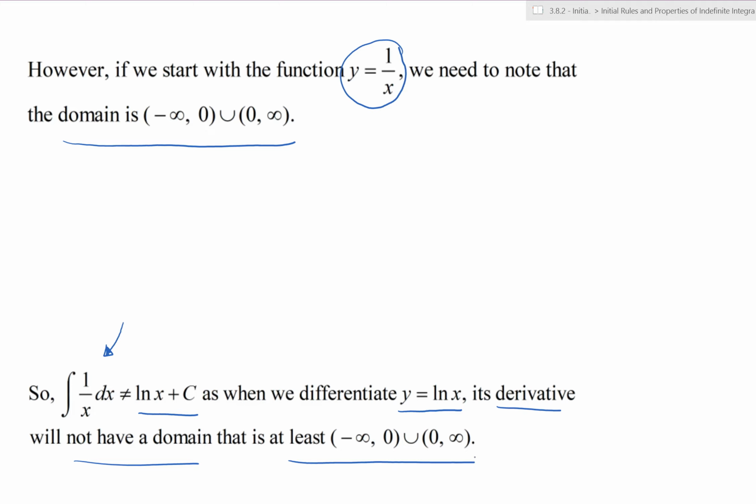And so we have to think a little bit deeper here. Okay, if I'm now starting with this function 1 over x, there's got to be another function such that its derivative actually is 1 over x for all real numbers excluding 0.